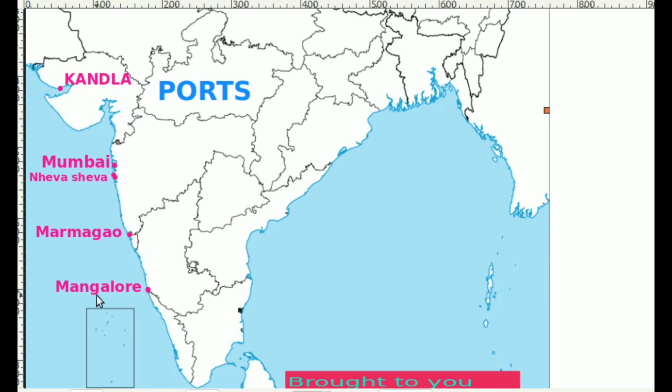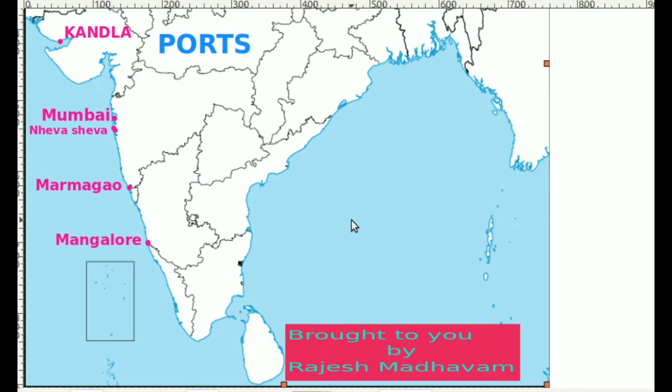Just mark the points very close to Kerala border in Karnataka. It is Mangalore port. Then in Kerala, it is Kochi. Here you mark Kochi. This is the port Kochi in Kerala.